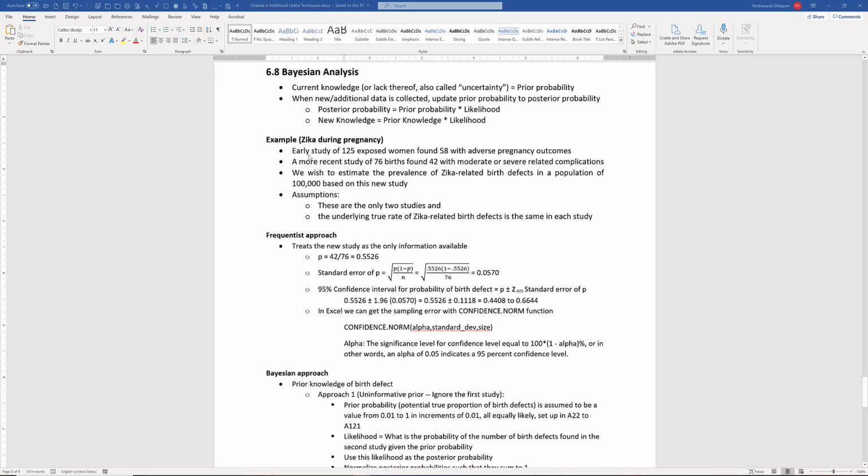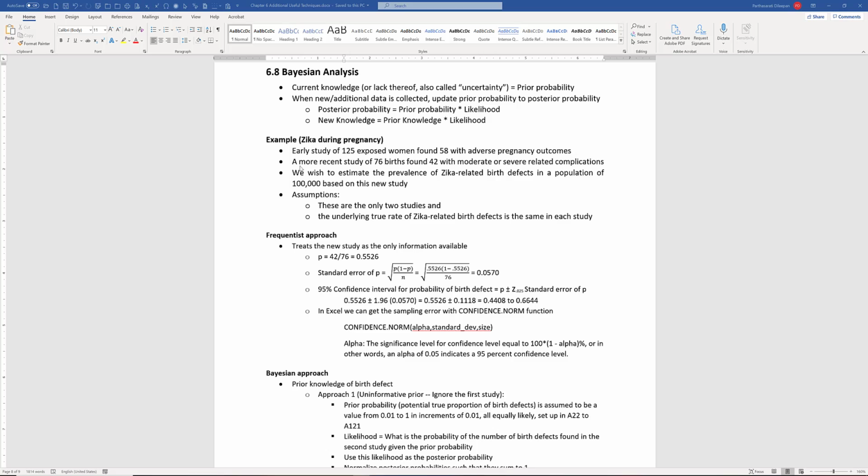Now the example here is a Zika study where 125 infected pregnant women were followed, and 58 of them had an adverse pregnancy outcome. So that's the initial study.